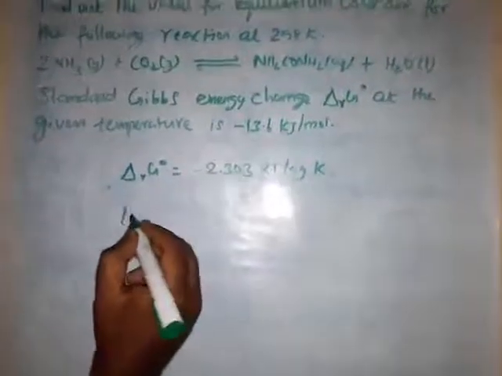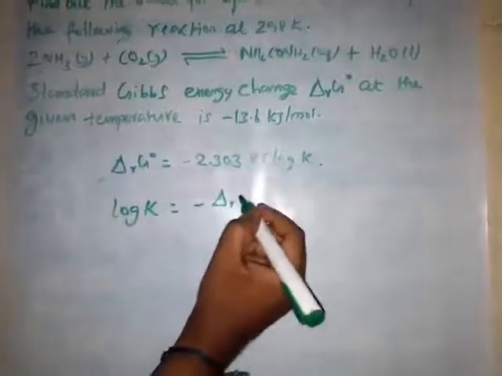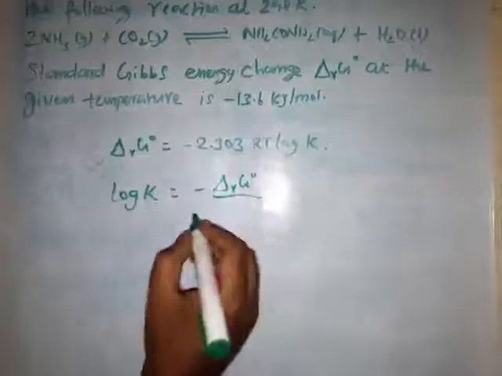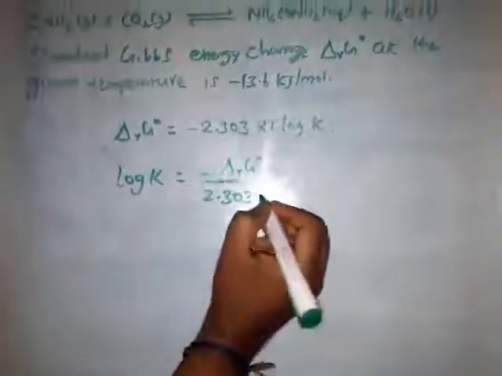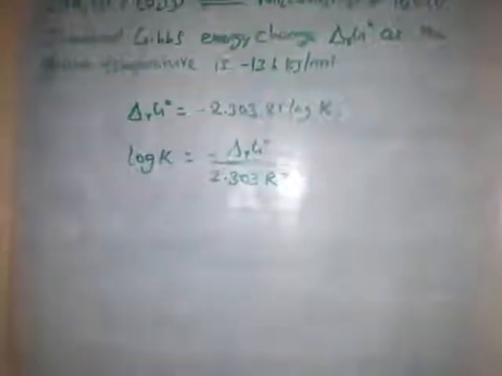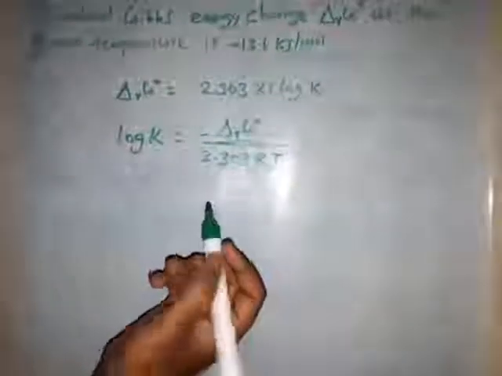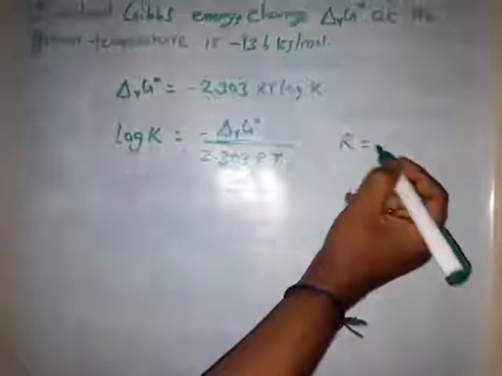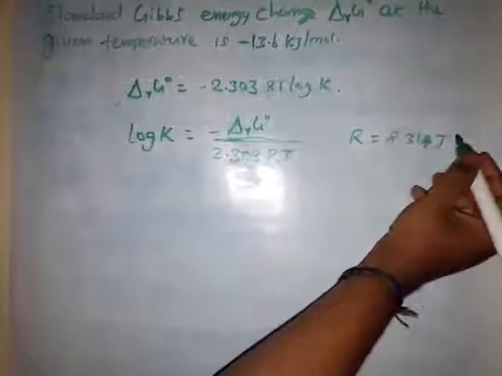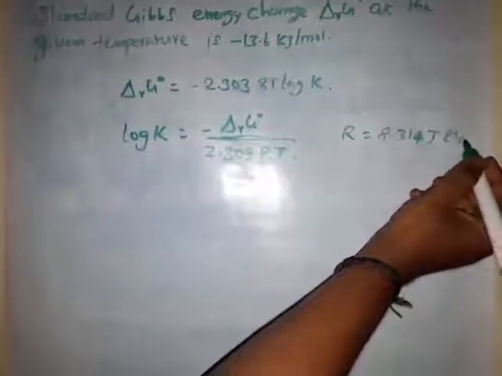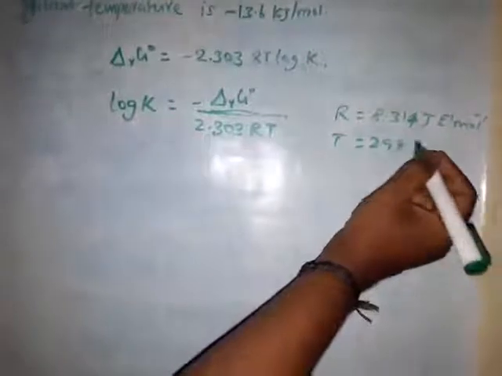Rearranging the equation, log K is equal to negative delta G naught for a reaction divided by 2.303 into RT. Already we know the R value is 8.314 joule Kelvin inverse mole inverse. Then the temperature is 298 Kelvin.